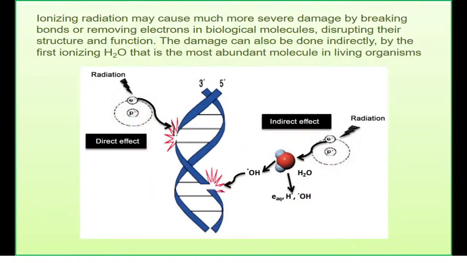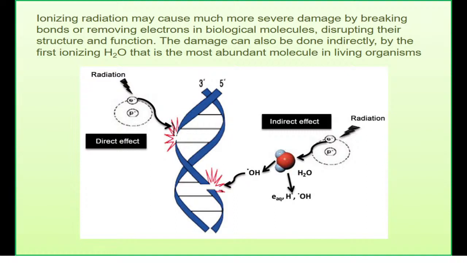And several words about the cause of ionizing radiation effects in the tissues. Ionizing radiation may cause much more severe damage by breaking bonds or removing electrons in biological molecules, disrupting their structures and functions.